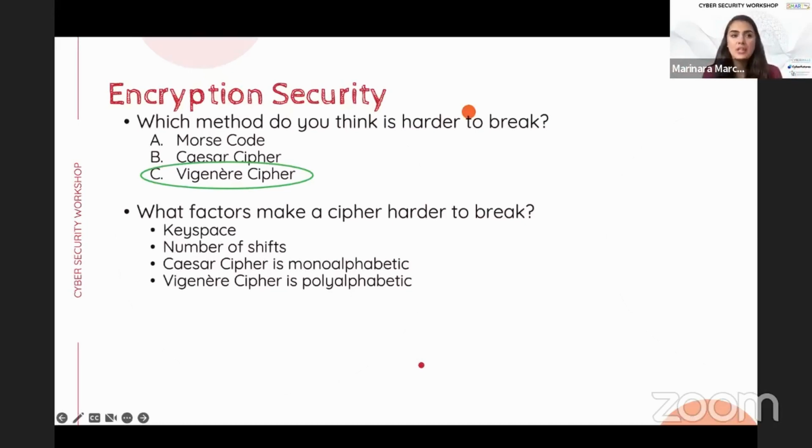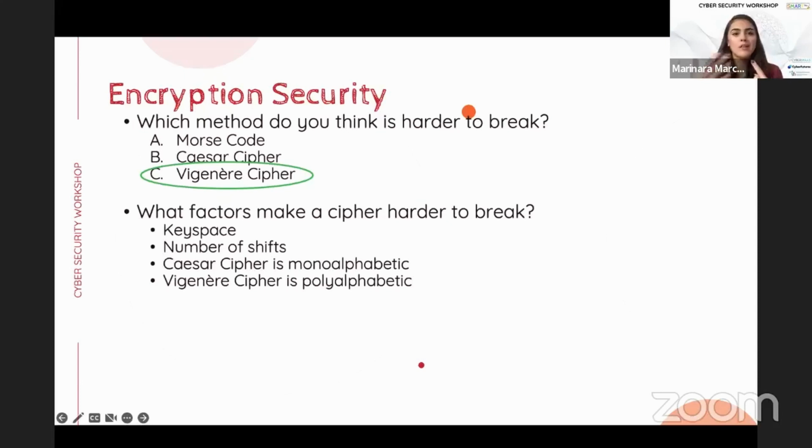But for the Vigenère cipher, you can use all the 25 or 26 different letters in the alphabet to encrypt it, and you can use them different times in different orders. So the key space, the number of different possibilities, is a lot bigger. This is one of the main factors I'd like to highlight. For the Morse code, it's one possibility, you have the chart.